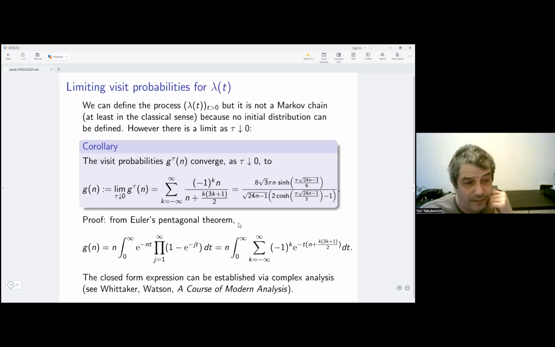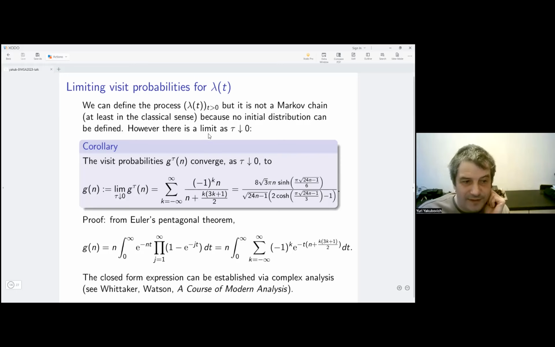And actually, this process lambda of t is defined for any t bigger than 0. We just, in order to have a Markov chain, want to have some initial distribution.